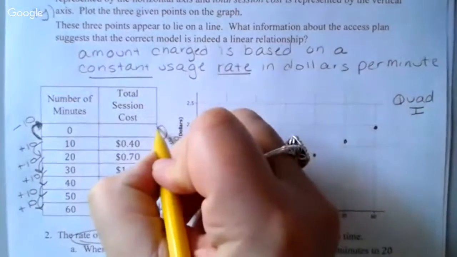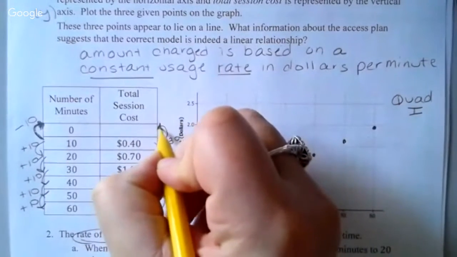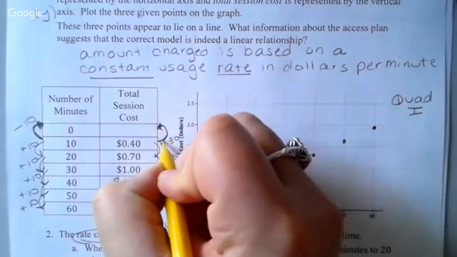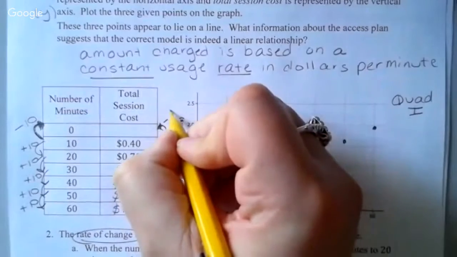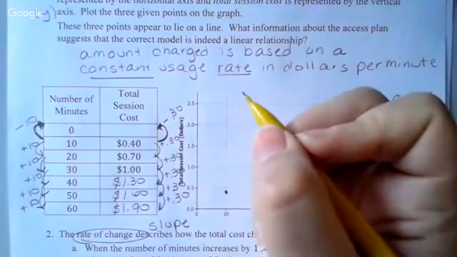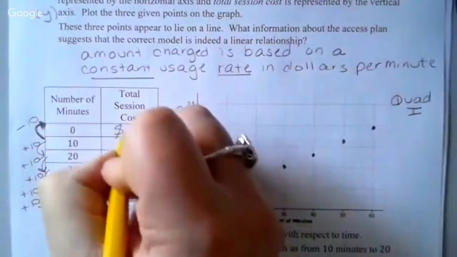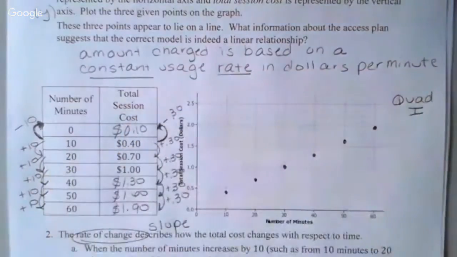So that means on this side, we have to follow the pattern that's being used on this side. While we were going down the table, we added 30 cents. So we're going to have to subtract the 30 cents here, which puts us at 10 cents.